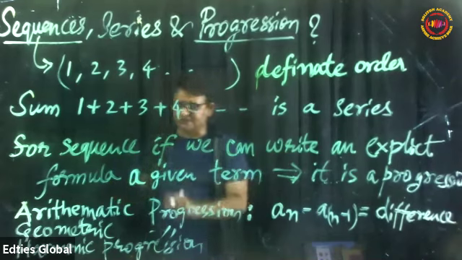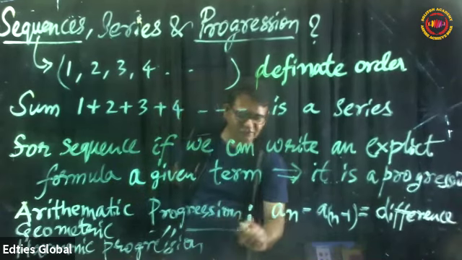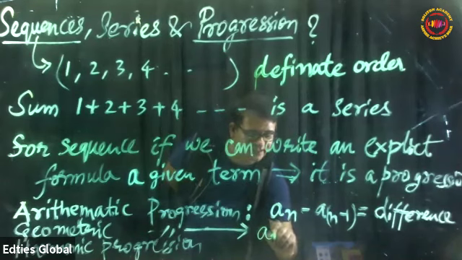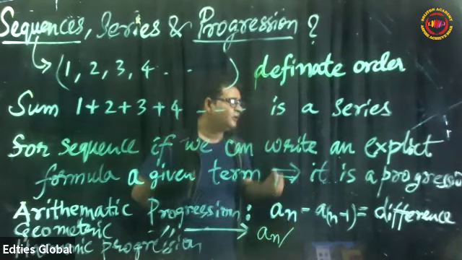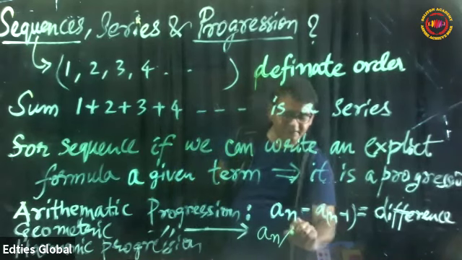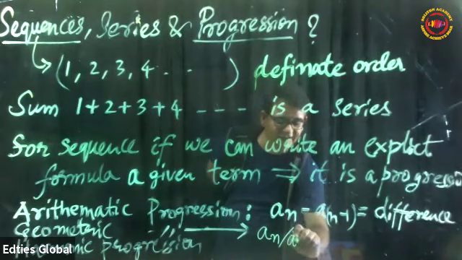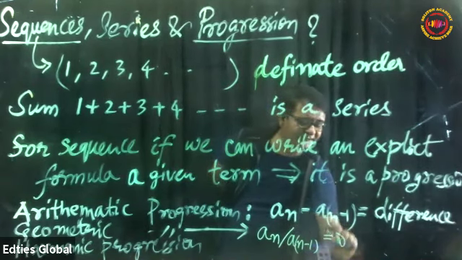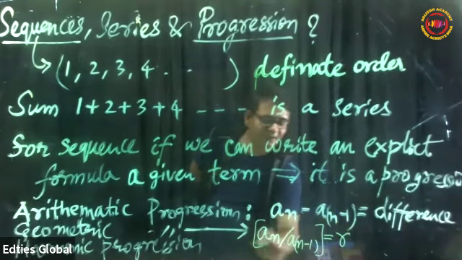we say these are in arithmetic progression. The next is geometric progression. What is geometric? Suppose you have the nth term and the predecessor term. If you take the ratio of any two consecutive terms, you will get a fixed factor r.